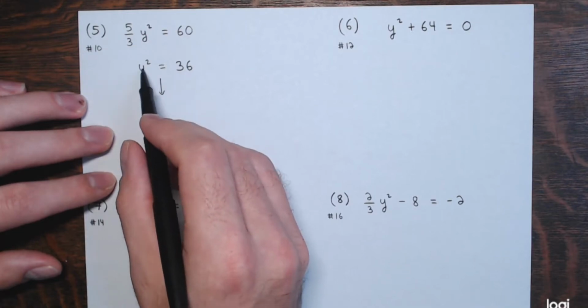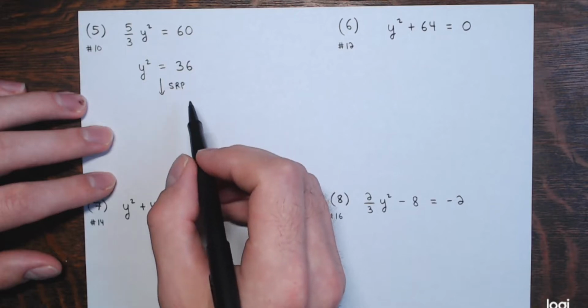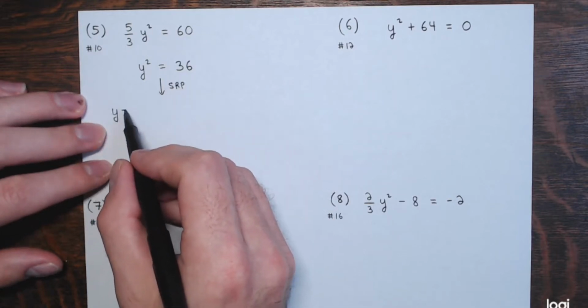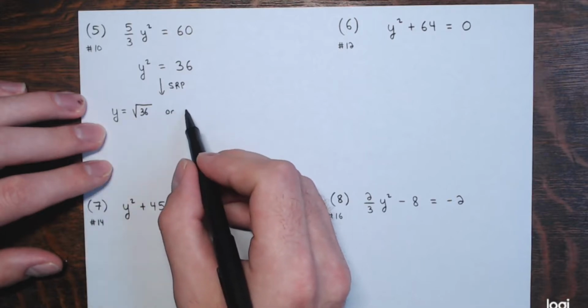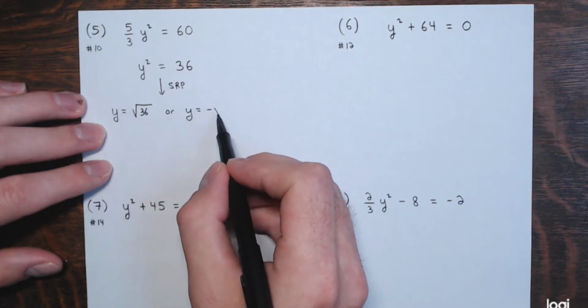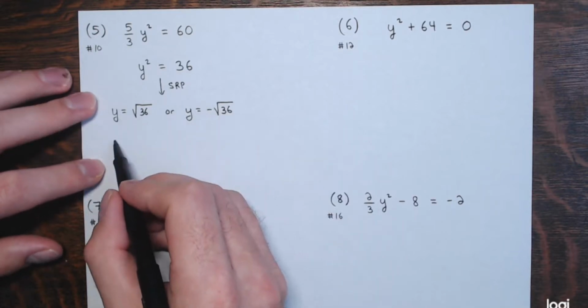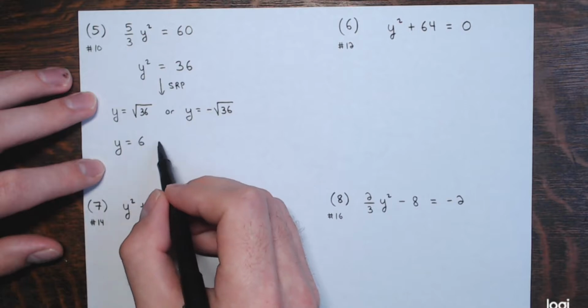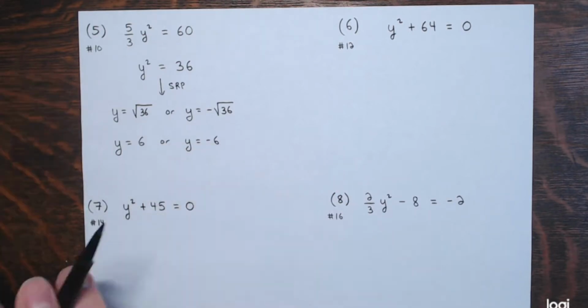Now that I've got the square alone, I apply the square root property. Y is either equal to positive square root of 36 or negative square root of 36, meaning 6 or negative 6. Y equals 6 or y equals negative 6, and check them.